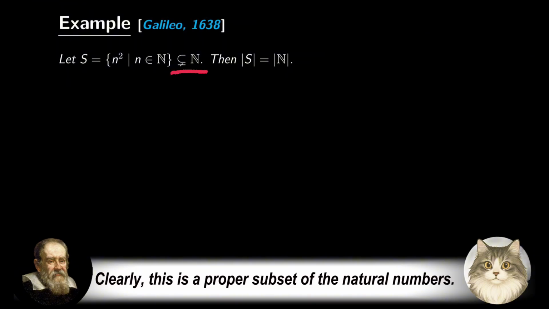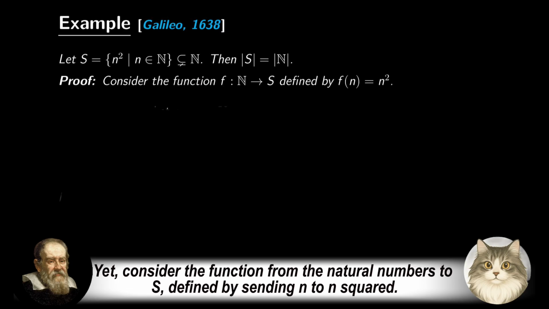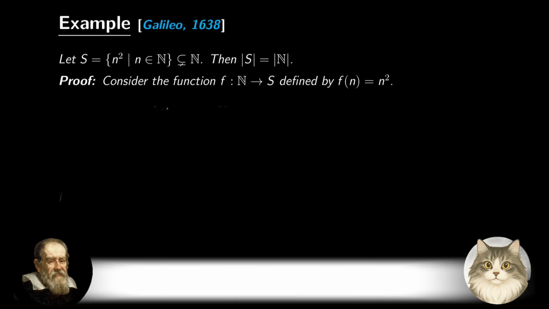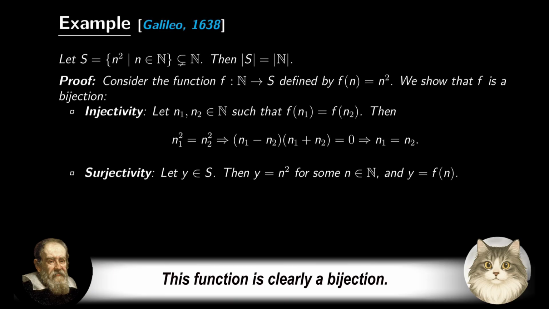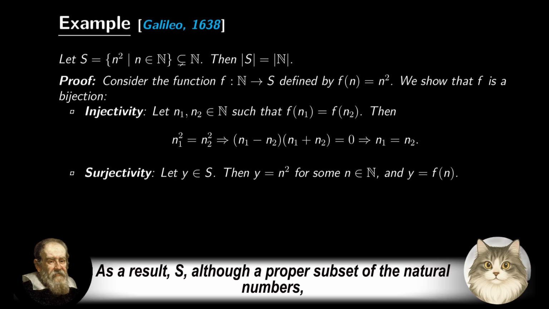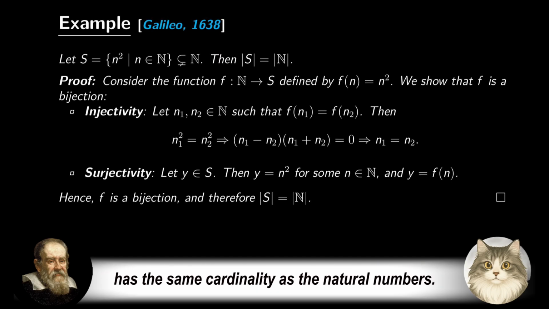Clearly, this is a proper subset of the natural numbers. Yet, consider the function from the natural numbers to S, defined by sending n to n squared. This function is clearly a bijection. As a result, S, although a proper subset of the natural numbers, has the same cardinality as the natural numbers.